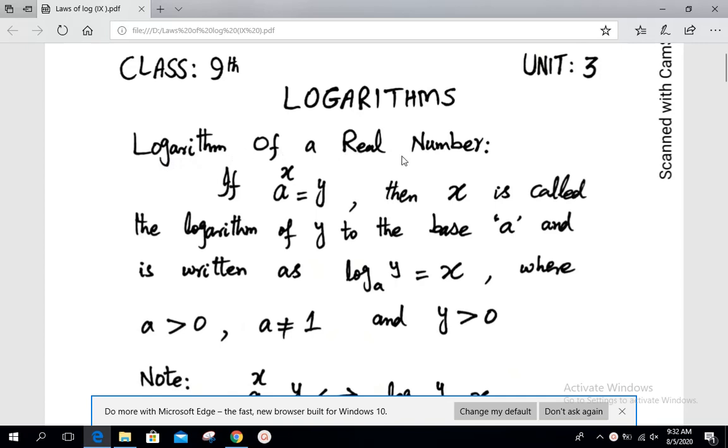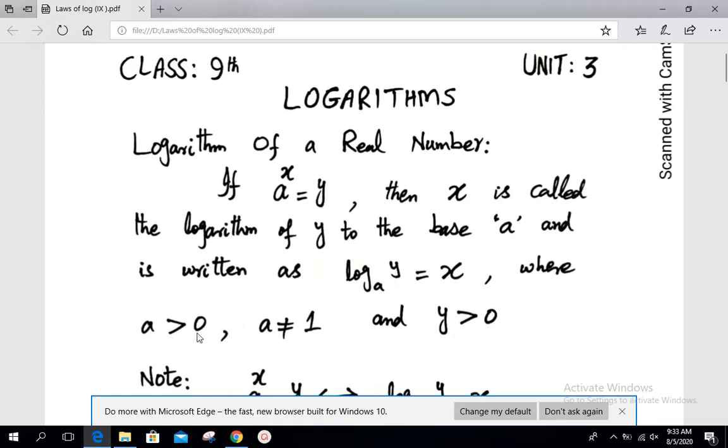Logarithm of a real number. If a power x is equal to y, then x is called the logarithm of y to the base a and is written as log y base a is equal to x, where a is greater than 0, a is not equal to 1, and y is greater than 0, means y is positive.